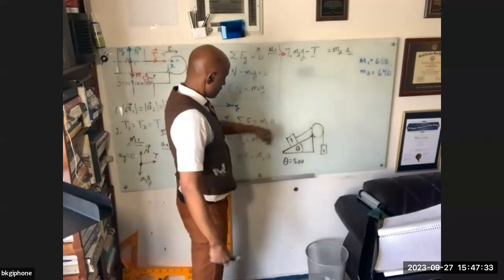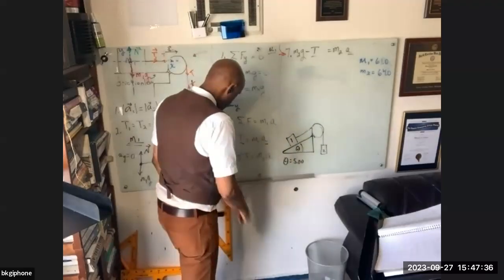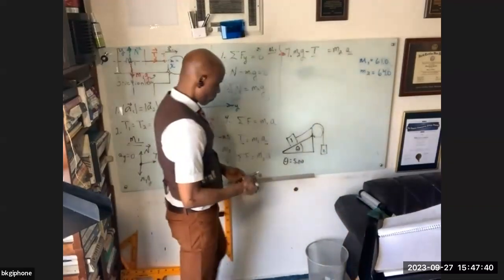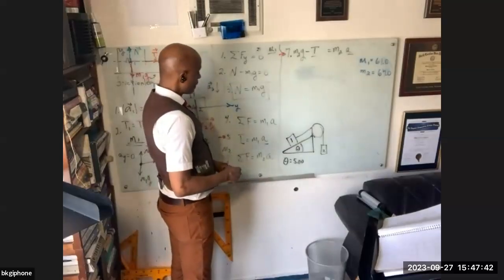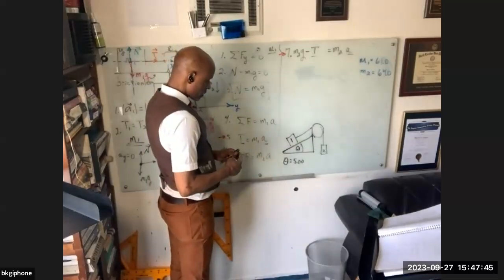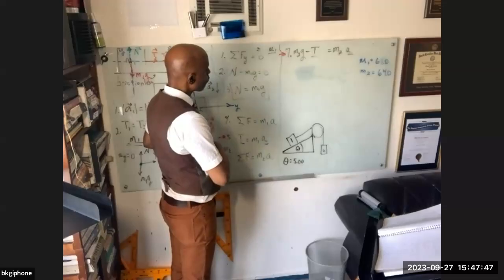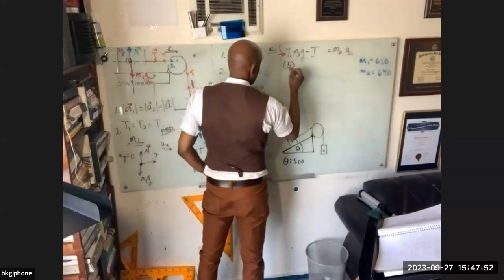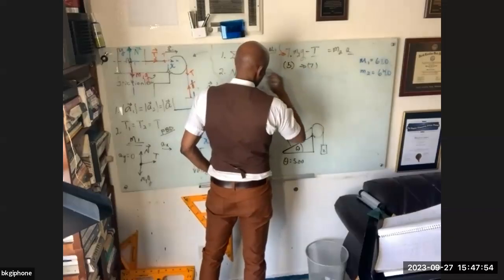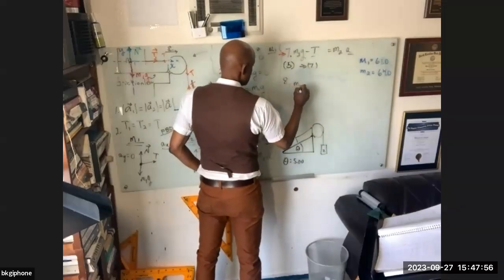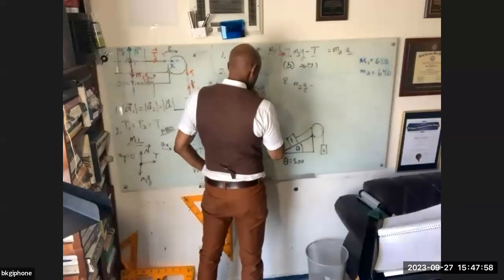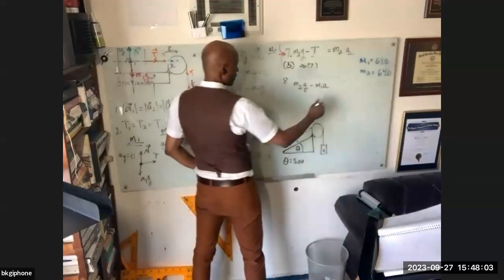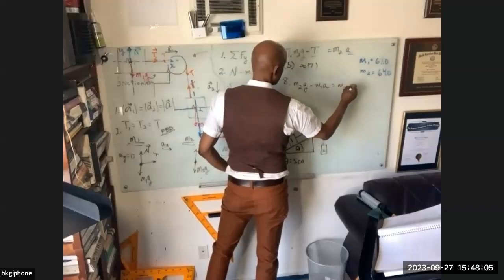I substitute 5 into 7, then I eliminate T from those two equations, and I can solve for A. So if we do that, we get that M2G minus M1A goes in directly, equals M2A.